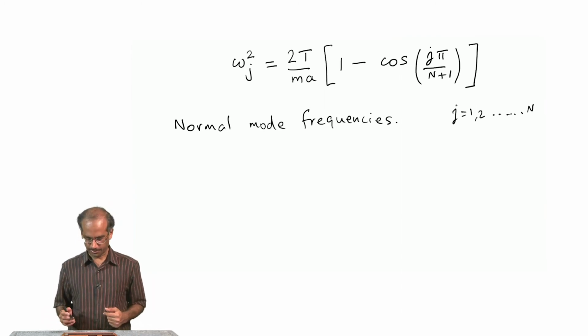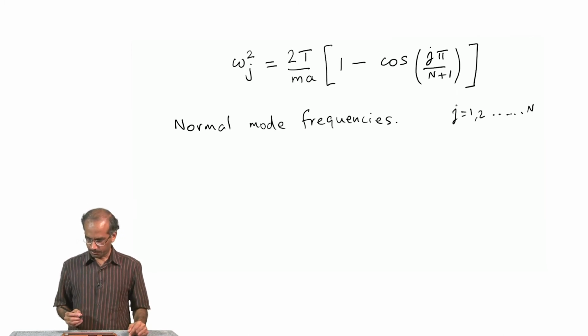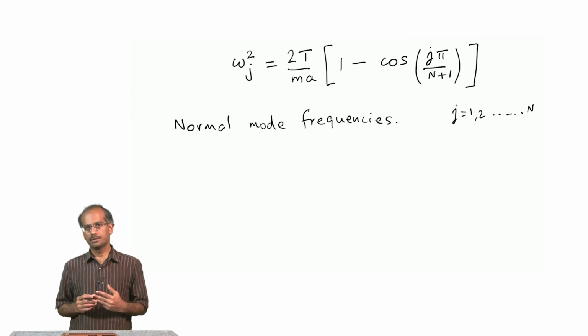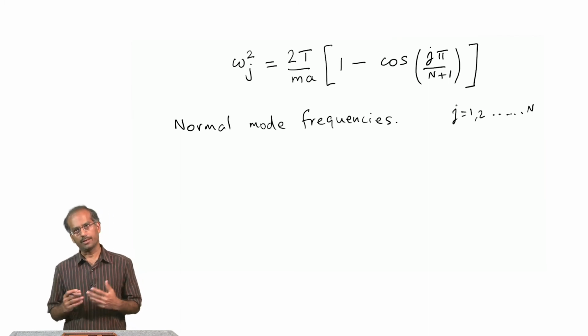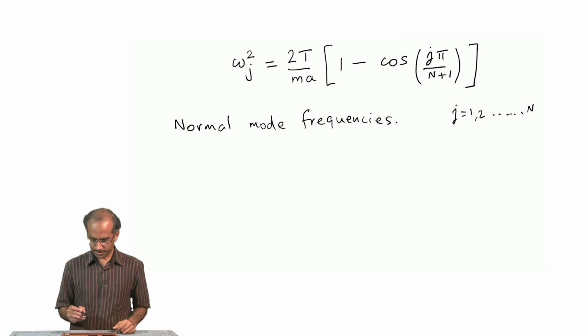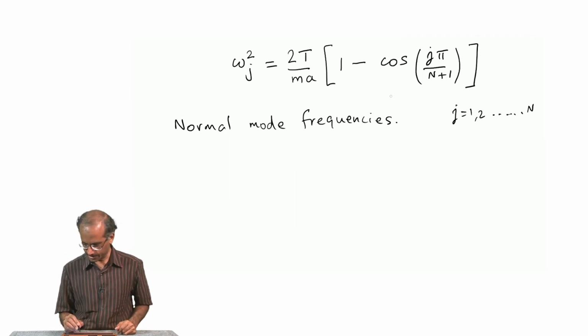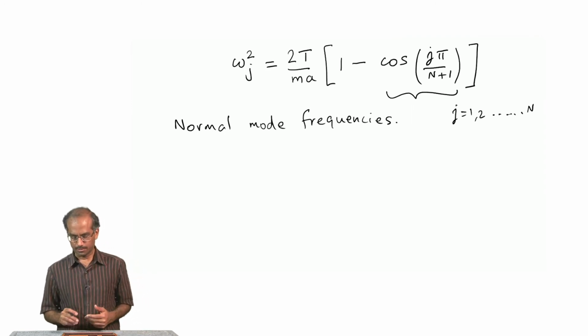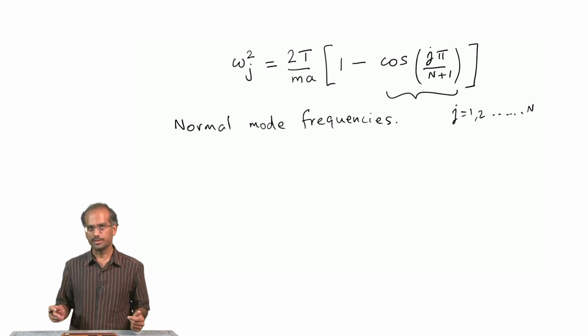Now, I can make it a little more attractive, provided I assume that I want to look at small values of j and maybe typically n is very large. In that case, at least j pi by n plus 1 will be small.